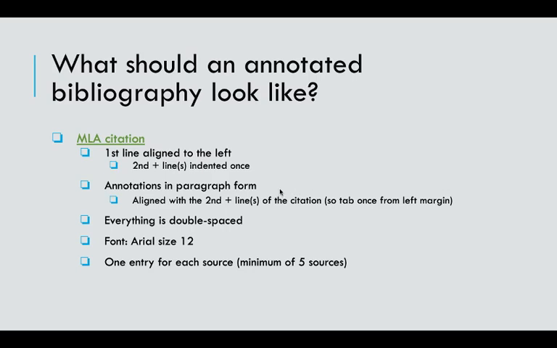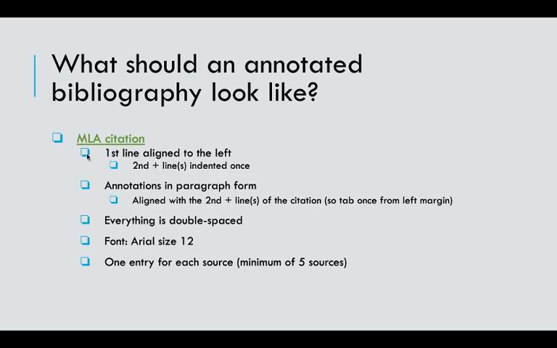Then your annotations would come after the citation. So you'll have the source citation, then the annotation for that source. The annotations are written in paragraph form. They're not question and answer form, they're not bullet points, but they're written as paragraphs. You would have a summary paragraph and a reflection paragraph, lined up with the second line of the citation.